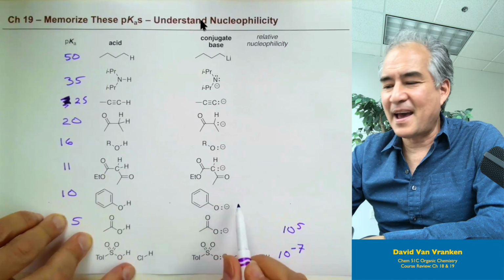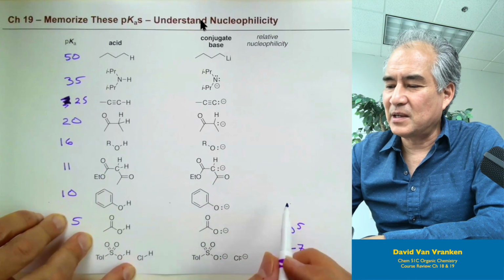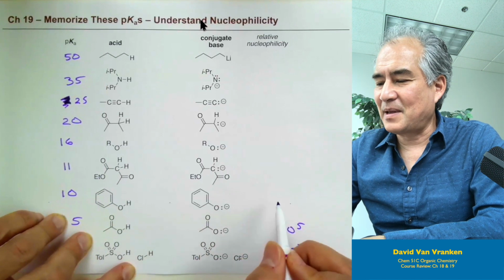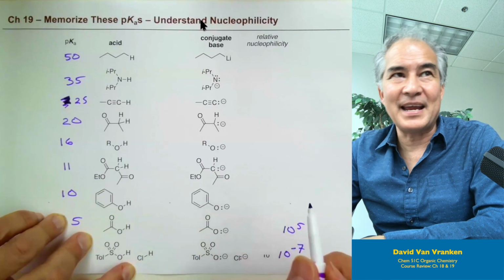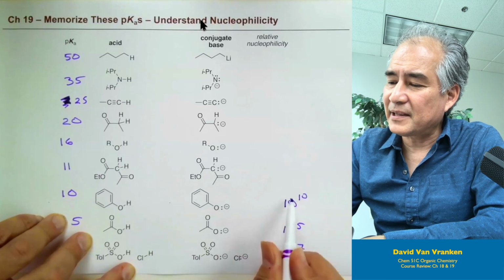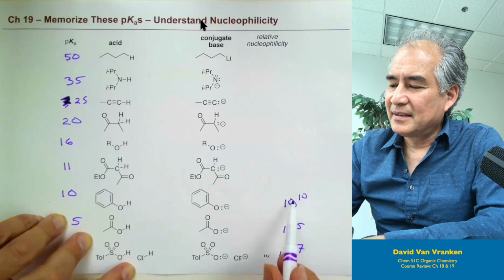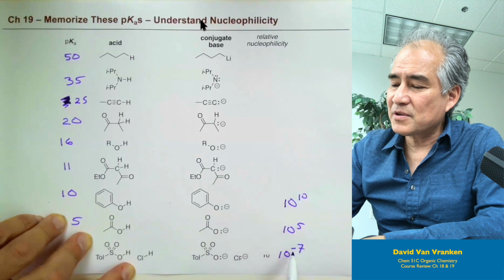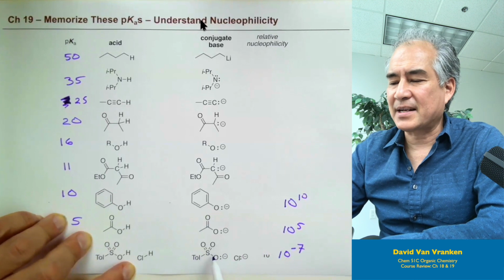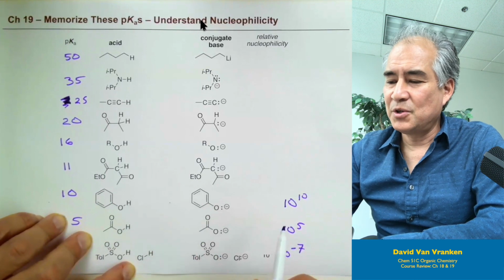I think they used to do that in the chemistry 51 labs here at UC Irvine to attack chloroacetates to make things kind of similar to Agent Orange. But now we're talking in a relative sense, 10 to the 10th, 17 orders of magnitude more nucleophilic than a tosylate anion, which isn't ever going to act as a nucleophile in any reaction you would ever see.